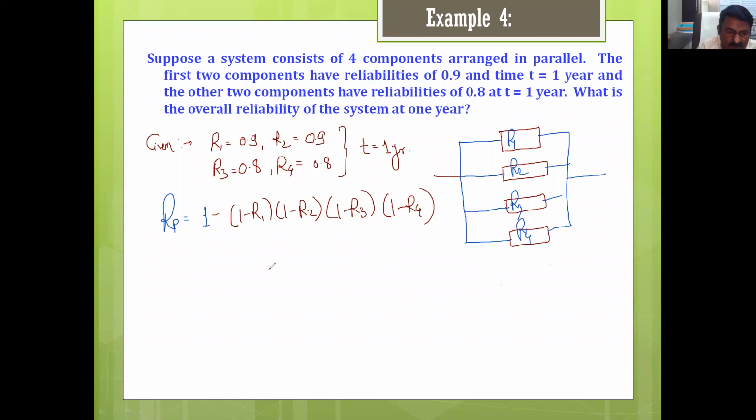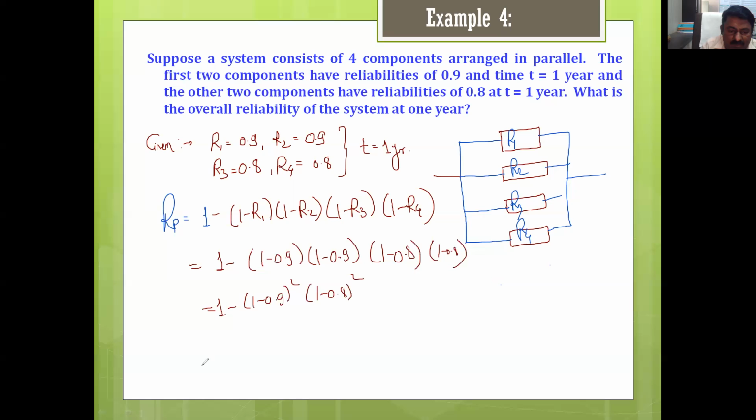Okay, so I will substitute all the values. 1 minus, 1 minus 0.9, 1 minus 0.9, then 1 minus 0.8, 1 minus 0.8. You can go for squaring also. So 1 minus, (1 minus 0.9) squared, (1 minus 0.8) squared.